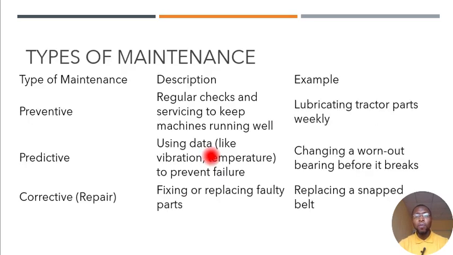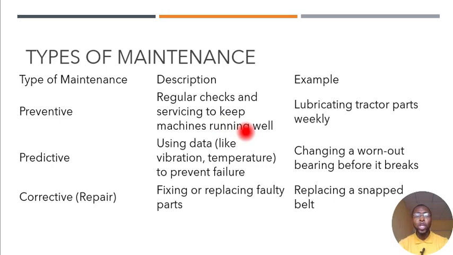Okay. Now that we know this, let us look at the different types of maintenance. We have the preventive type, we have predictive maintenance, and we have the corrective, sometimes called repair maintenance. What is preventive maintenance? It simply means the regular checking and servicing of the machine to keep it running well.